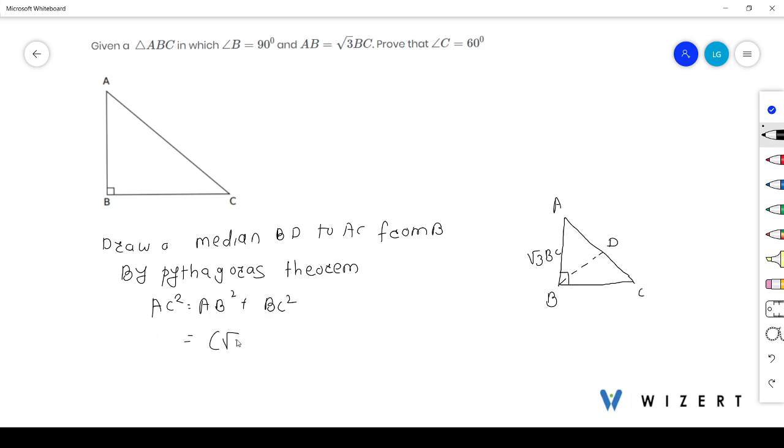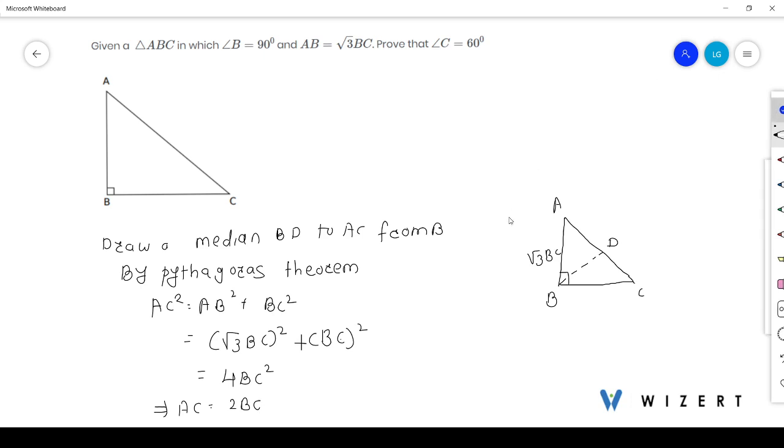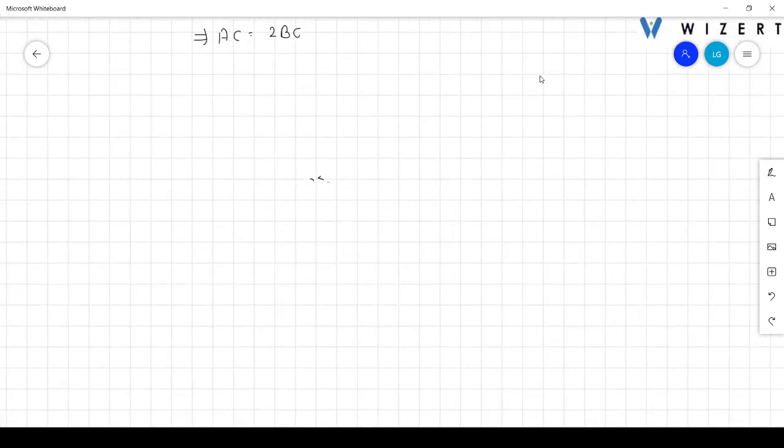As AB equals root 3 BC, so it is root 3 BC square plus BC square. So it is 4 BC square. So AC, after taking the square root on both the sides, will be 2 BC.